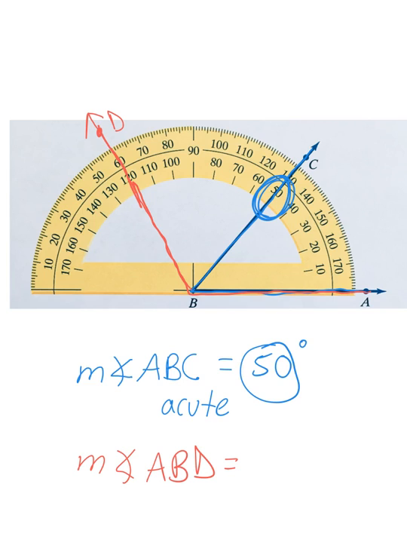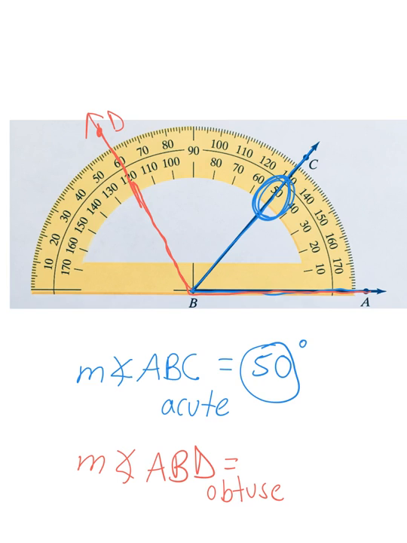And then I ask myself, okay, if it's not a 90-degree angle and it's not a straight line for 180, then I ask myself, is this acute or obtuse? Well, ABD looks obtuse because it looks like it's opening up larger than the corner of a piece of paper, larger than 90 degrees, but less than a straight line, less than 180.